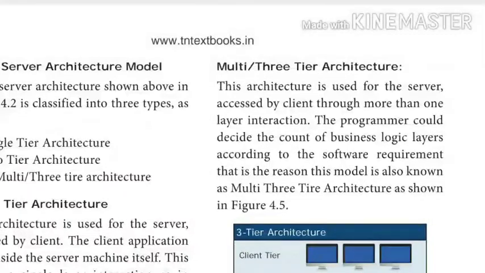And three tier. This architecture is used for the server accessed by the client through more than one layer of interaction. The programmer can decide the count of business logic layers according to the software requirements. This is the reason this model is also known as multi-tier architecture, as shown in figure 4.5.